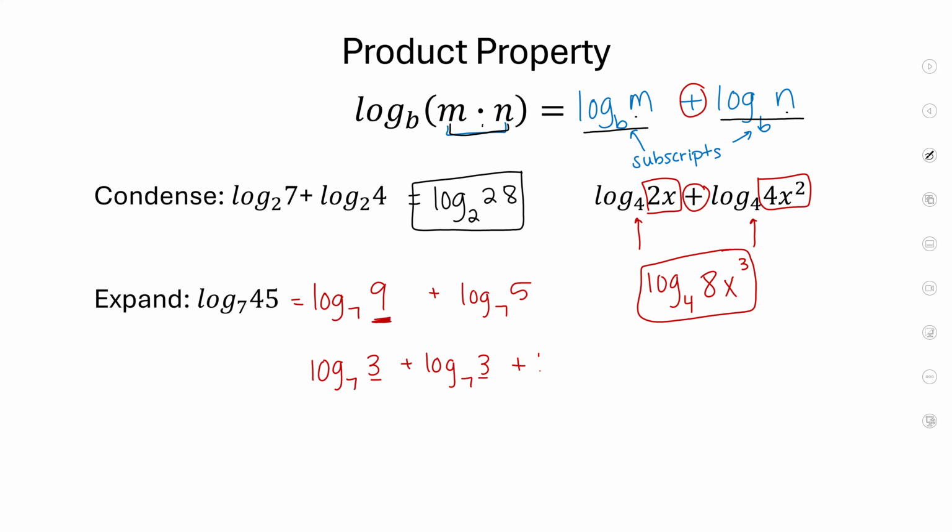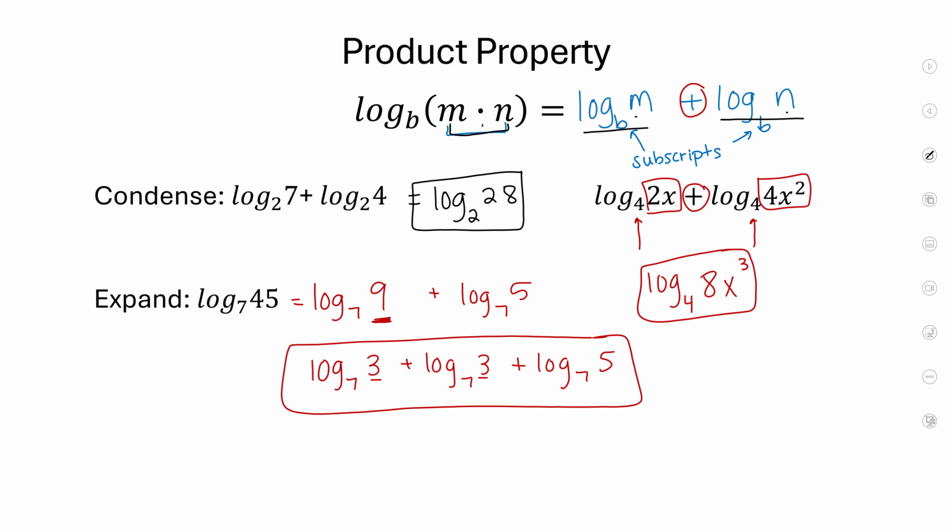And I still have log base 7 of 5. So this is it fully expanded. And notice 3 times 3 is 9, times 5 is 45. So that is your answer expanded.